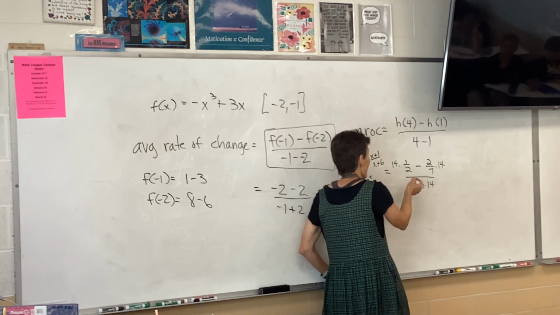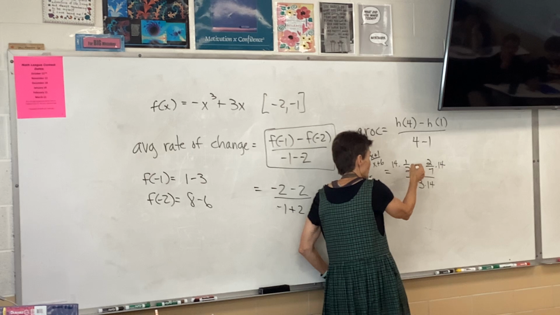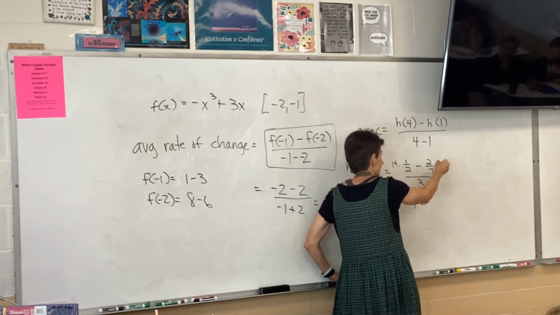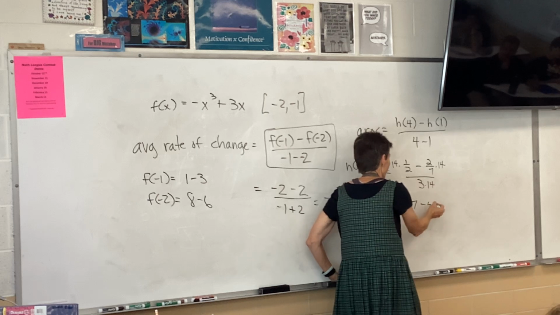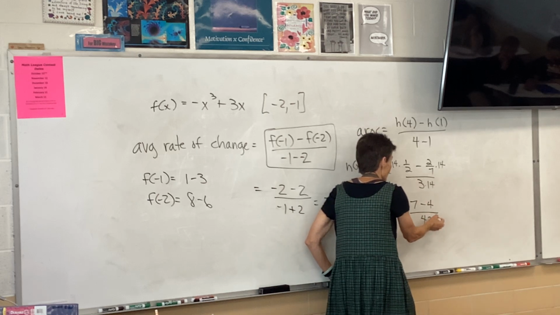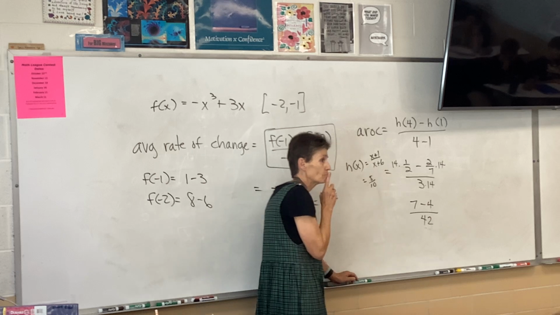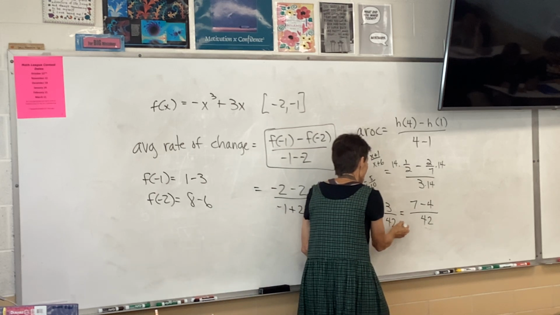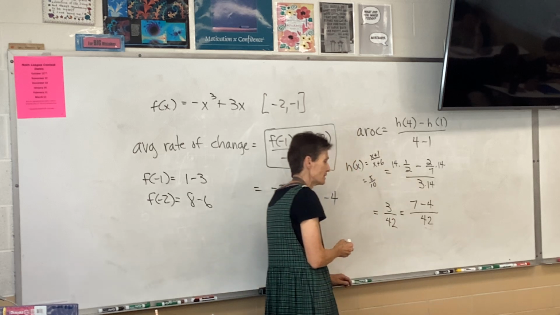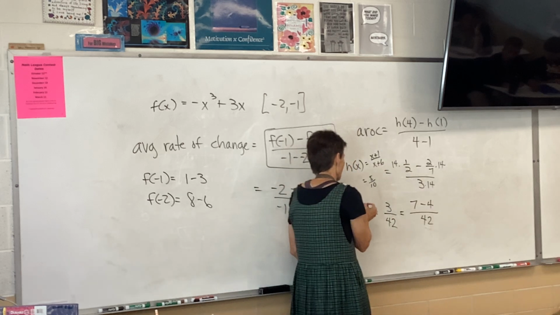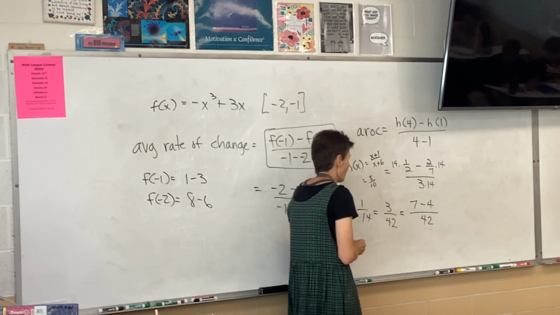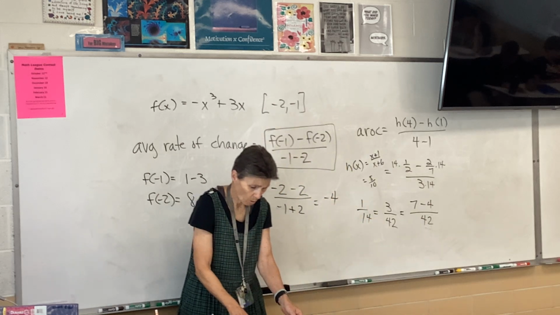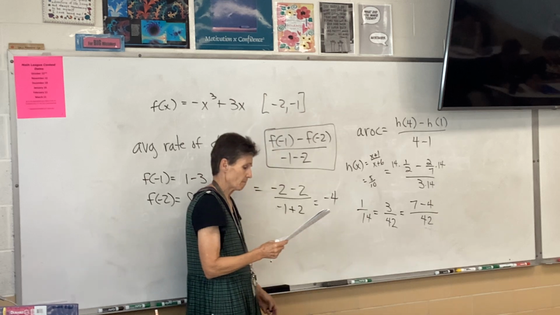What's the benefit of that? Well, what happens to this fraction? It becomes 7. And what happens to this fraction? 4. And then the denominator is 42. So I end up with 3 over 42, which I think actually reduces to 1/14. So your average rate of change is 1/14.